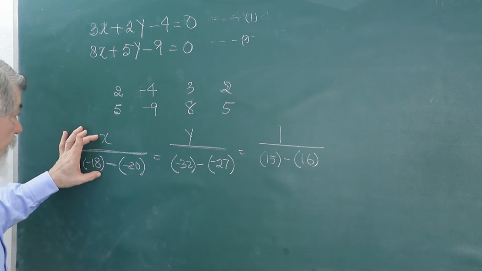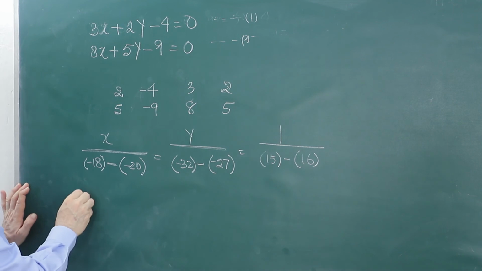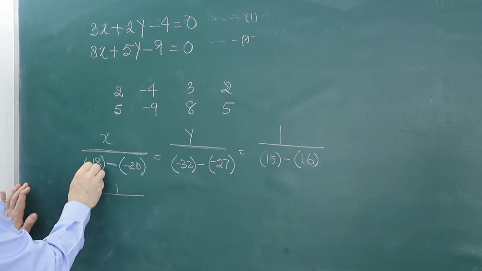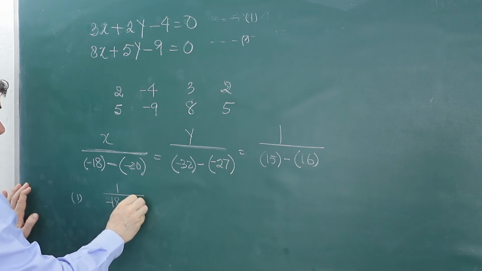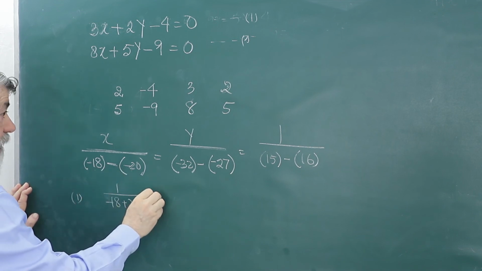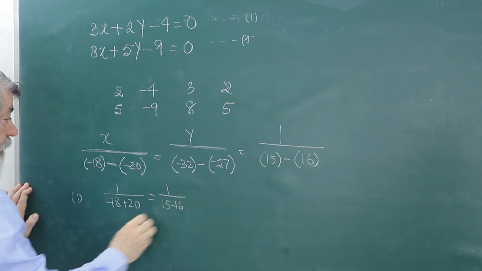Now we will compare the first and the third and then the second and the third. The first is 1 upon minus 18 plus 20, it is minus minus plus, is equal to 1 upon 15 minus 16.